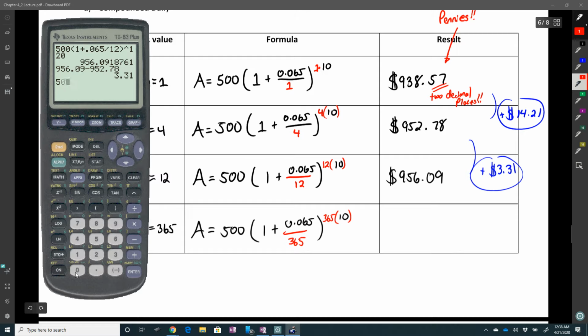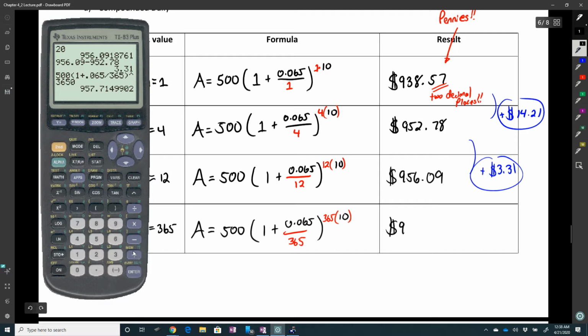So you have 500, 1 plus 0.065 over 365 raised to the 3650. And so we get 957 and 71 cents.